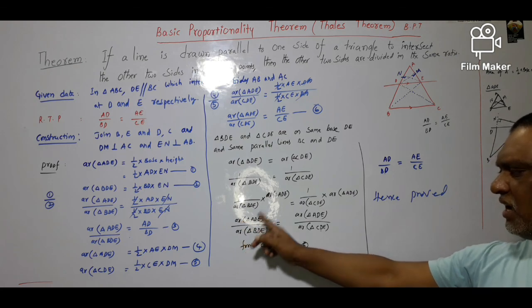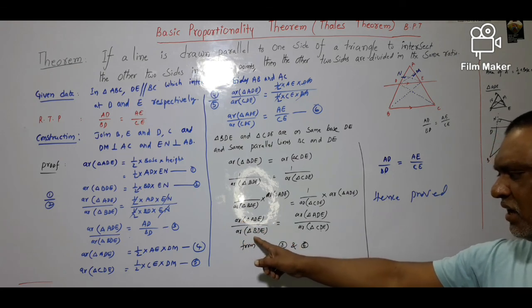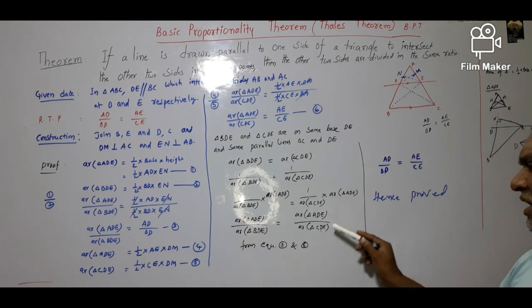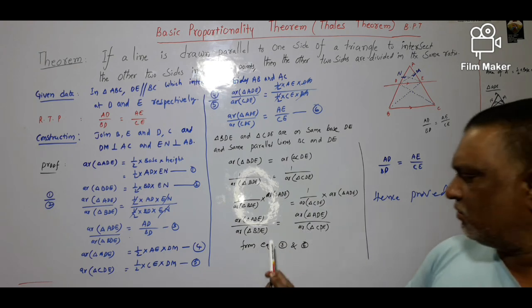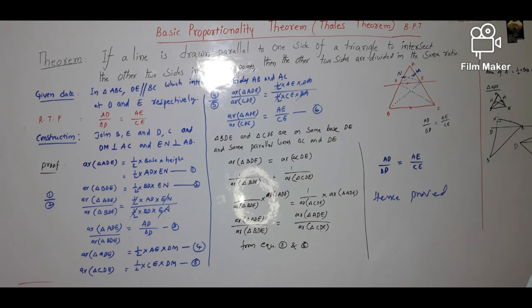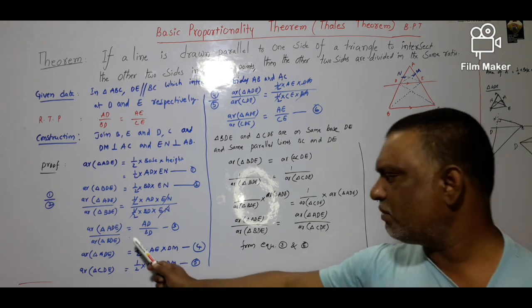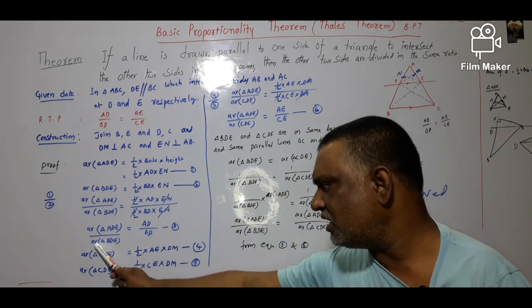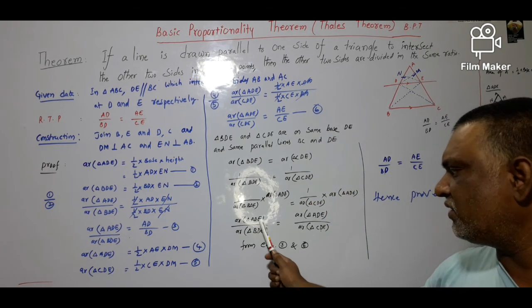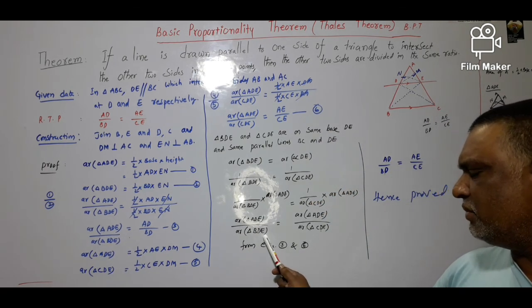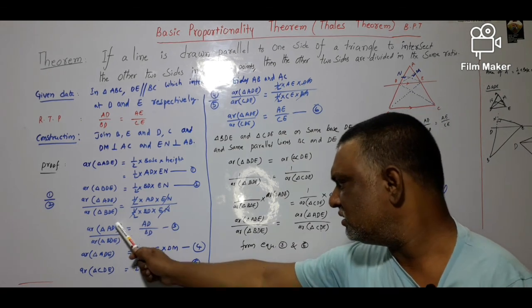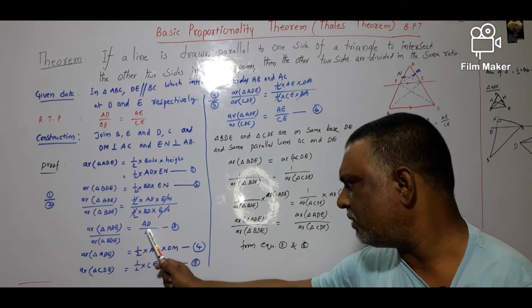So area of triangle ADE by area of triangle BDE equals area of triangle ADE by area of triangle CDE. From equation number 3, area of triangle ADE by area of triangle BDE is equal to AD by BD.